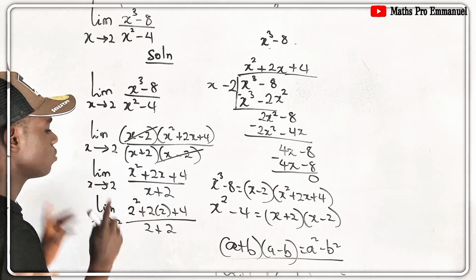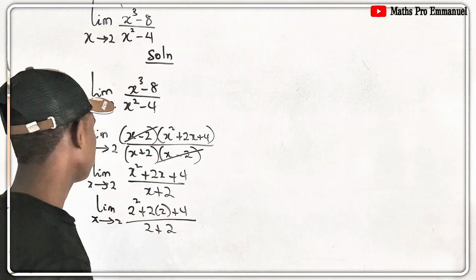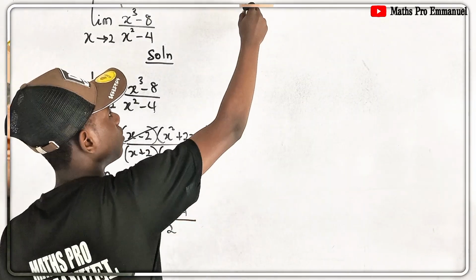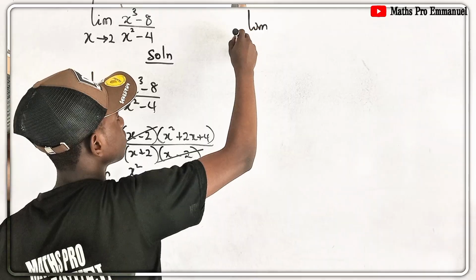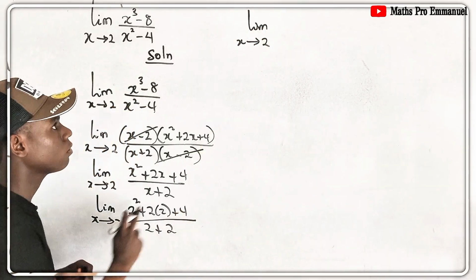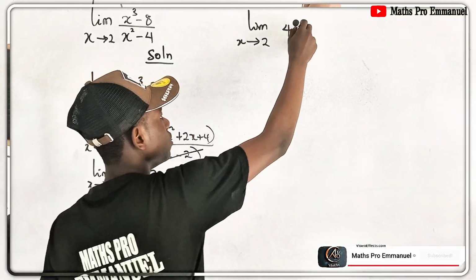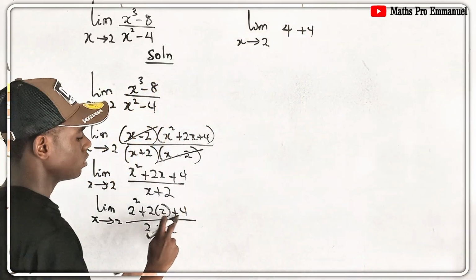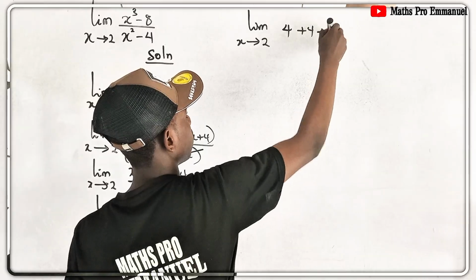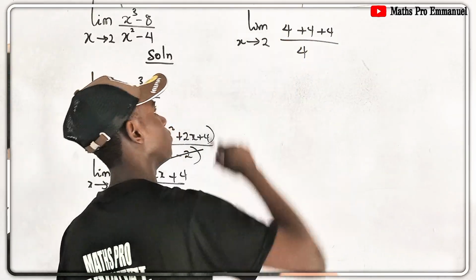Anywhere I see x, I'll put 2. So I clean this and continue solving. 2 squared now is 4, then 2 times 2 is also 4, and then plus 4 here, all over 2 plus 2, which is 4.